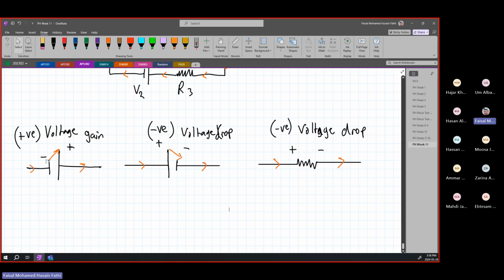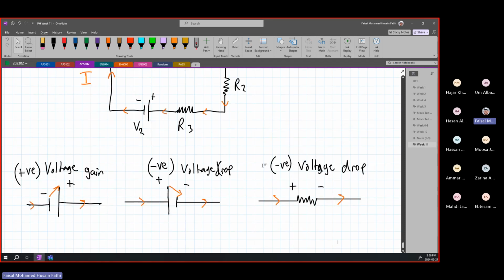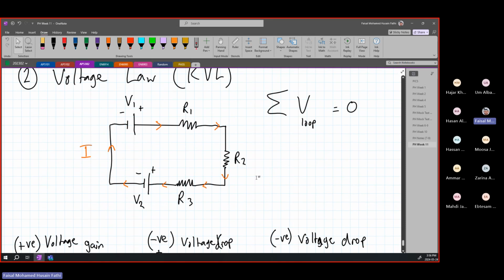So when it's going from minus to plus, or from the smaller one to the bigger, it is going to be a positive value. When it's going from plus to minus, the current, it will be a negative value. And when it's going through any resistor, it is always going to be a negative voltage drop. Okay? In the case of one current, which we have right here.